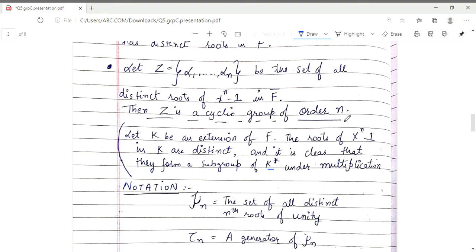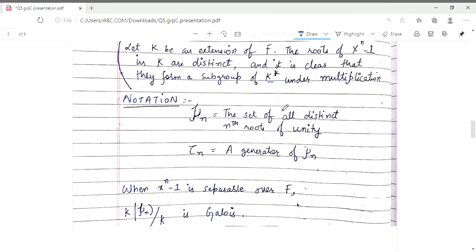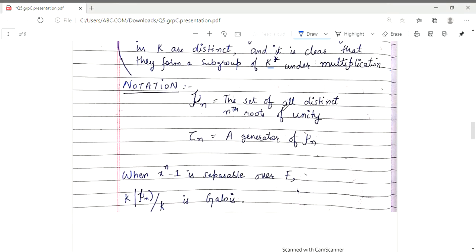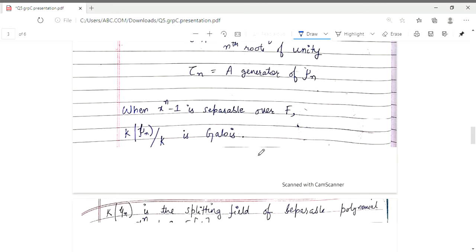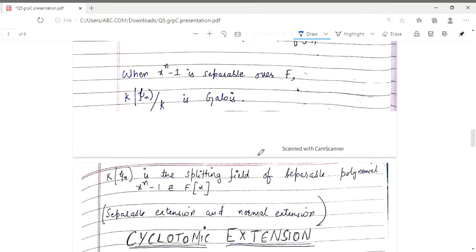Now let's look at some notations which we'll use further in the question. Mu n is the set of all distinct nth roots of unity, and let tau n be a generator of mu n. When x power n minus 1 is separable over F, we see that F(mu n) over F is Galois.